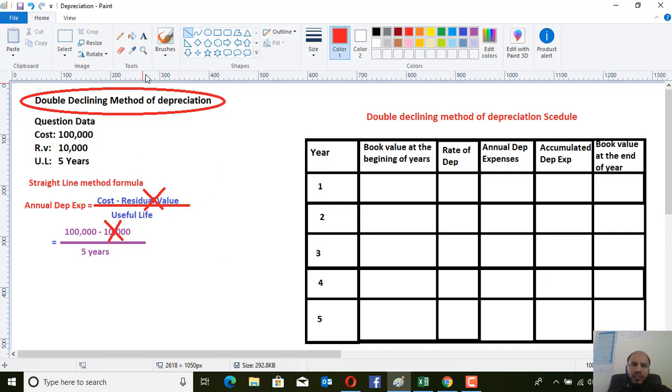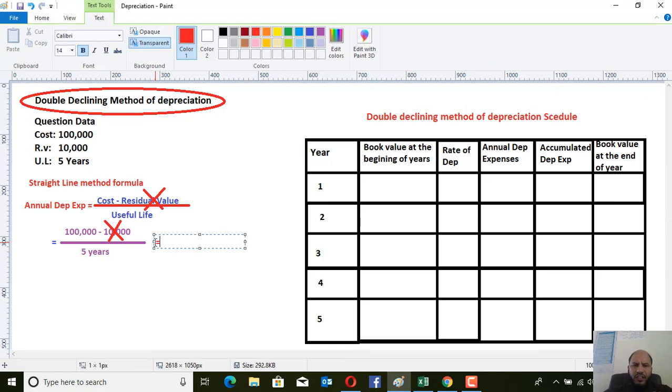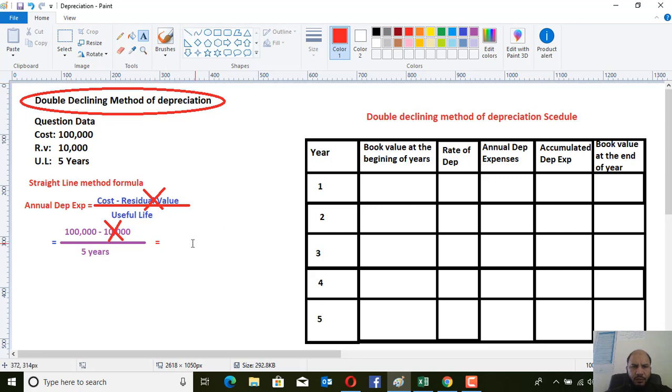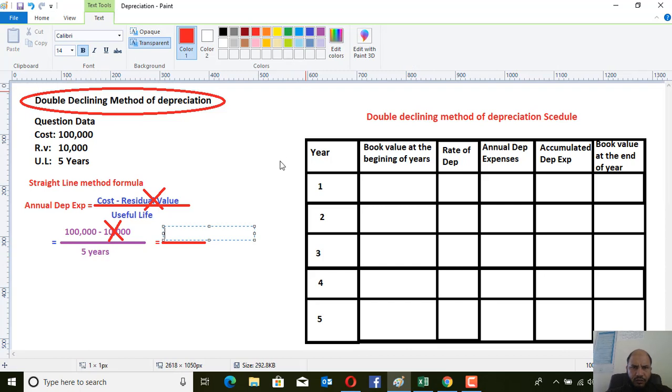So see over here, let's divide the original cost. So this is again equal to the amount of 100,000. We haven't deducted the 10,000 from it. Divided by 5 years.